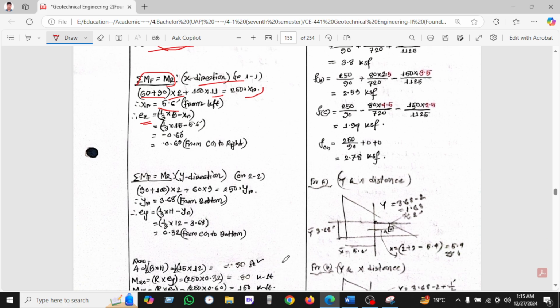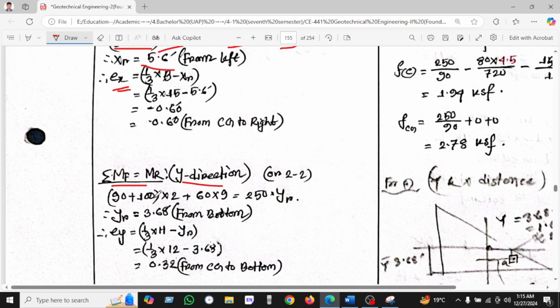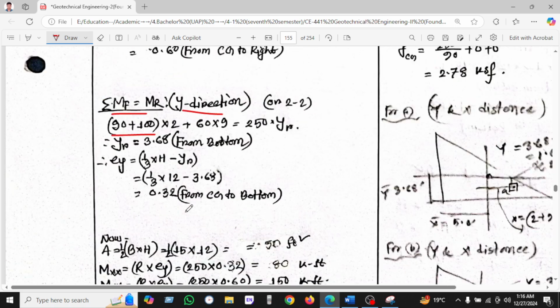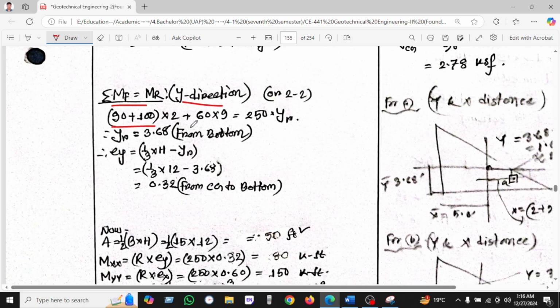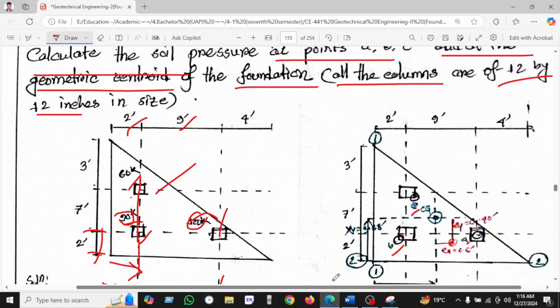Okay, in the same way, we will calculate the MR in y direction, 90 into 100, and the distance is 2. So distance is 2 and 60 into 9.